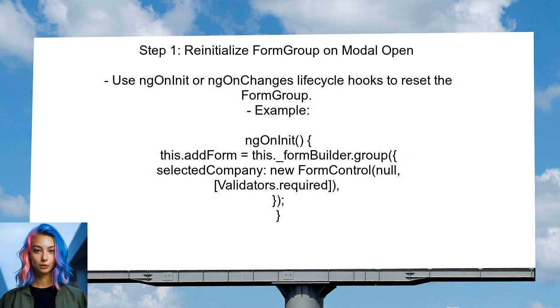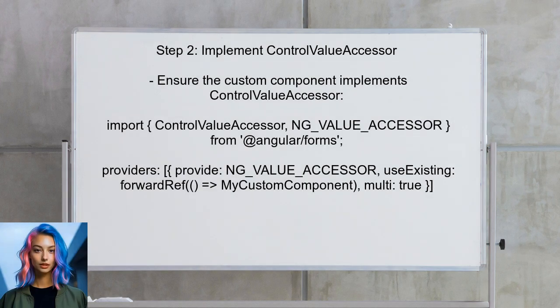To resolve the issue with the FormControl instance, the user should first ensure that the form group is properly reinitialized each time the modal opens. This can be done by resetting the form group in the component's lifecycle method. Next, the user should check if the custom component is correctly implementing the control value accessor interface. This ensures that the custom component can communicate with the form group properly.